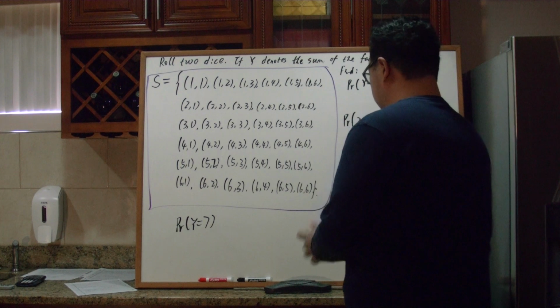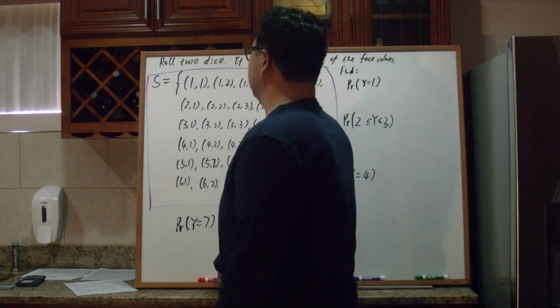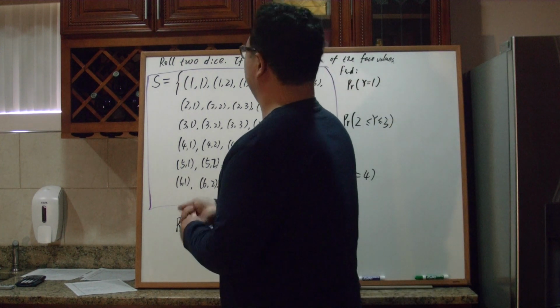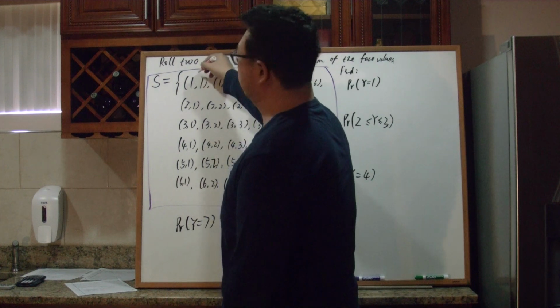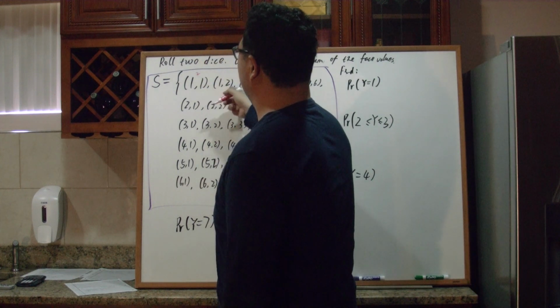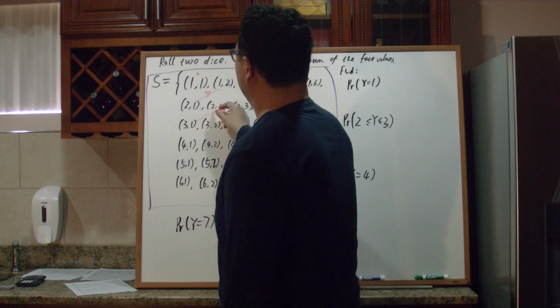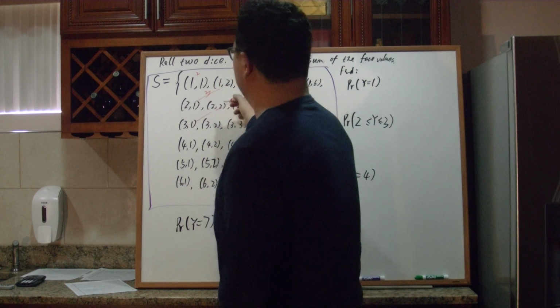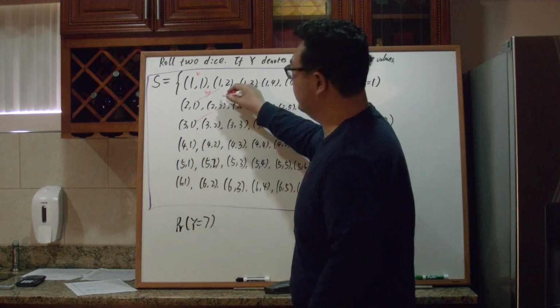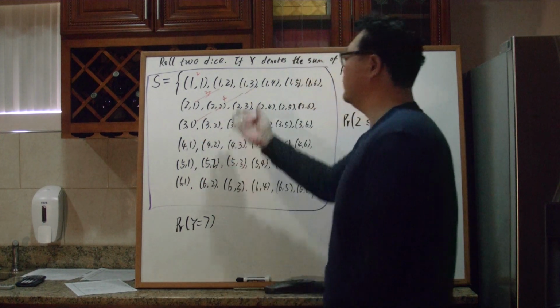Well, when we observe the table, we can see that with 2 dice the sum is at least 2. Then 1,2 and 2,1 will have the sum to be 3. And 1,3, 2,2 and 3,1 give the sum 4, and so on.